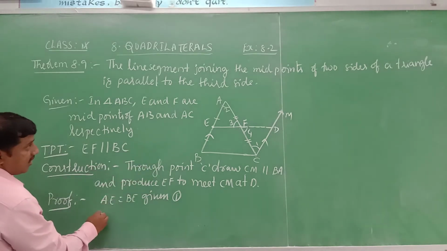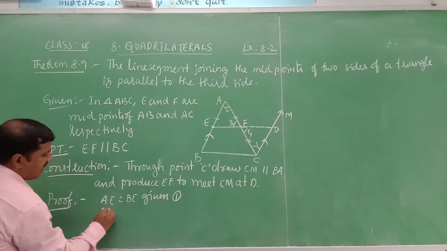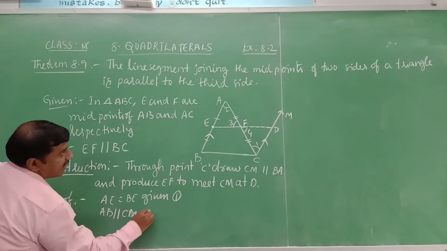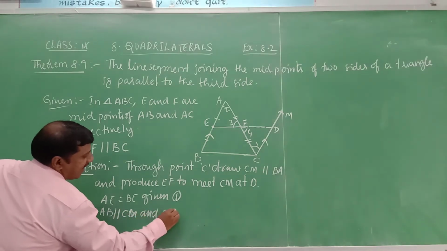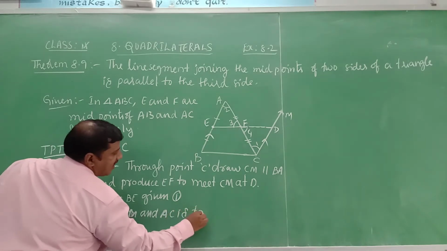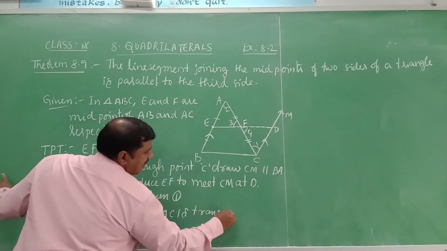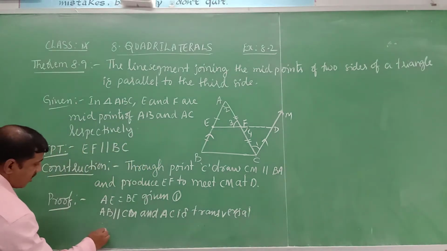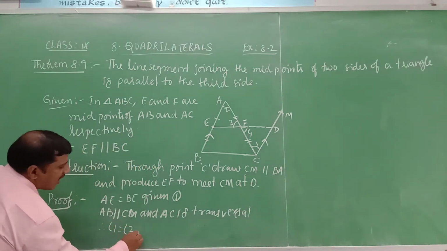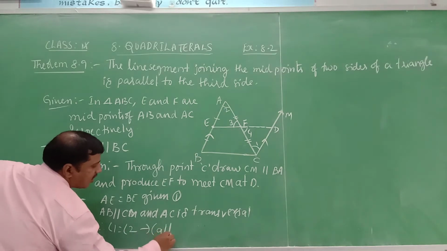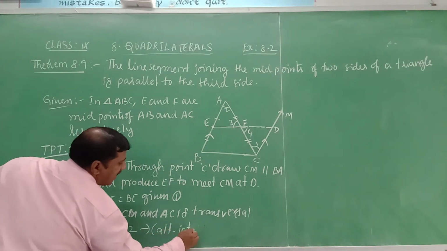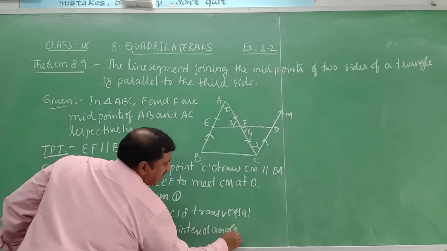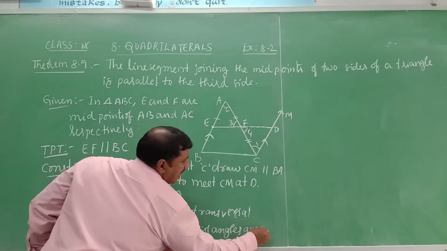Now, AB is parallel to CM, and AC is a transversal line. Therefore, angle 1 is equal to angle 2. That is alternate interior angles. Alternate interior angles are equal.